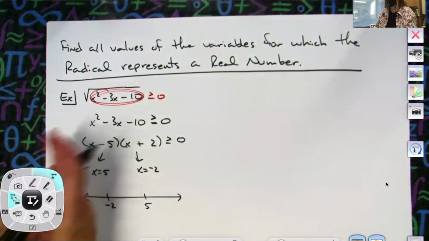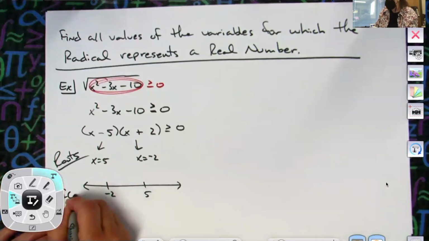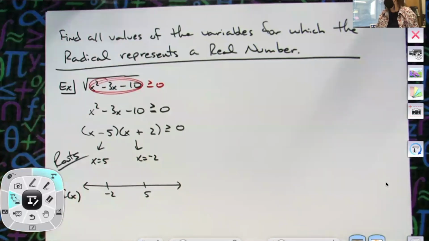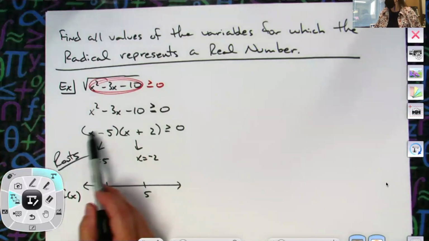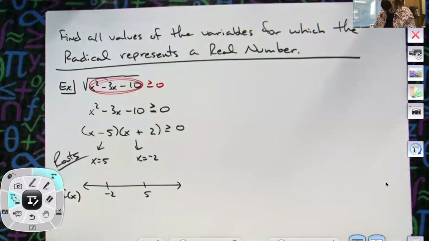Again, I'm just going to assume that the function is called f of x. Later that's going to get us in trouble, but right now we'll just assume. Then we're going to plug some numbers in here. A really big negative number makes each factor negative, so negative times negative is going to be a positive.